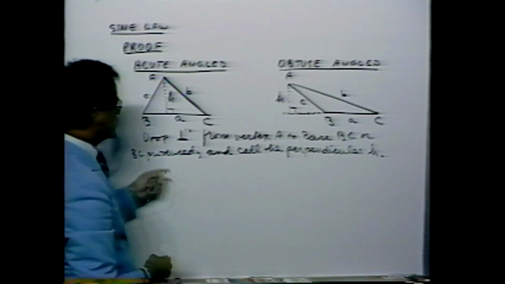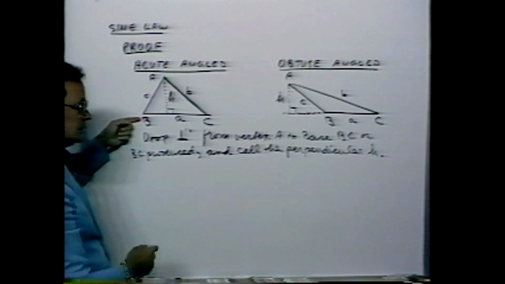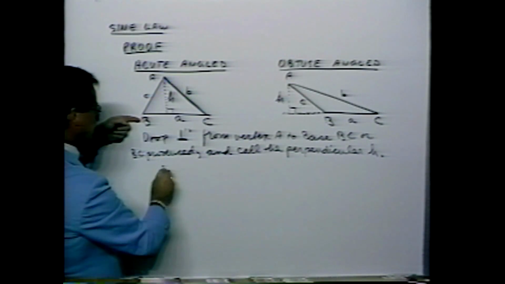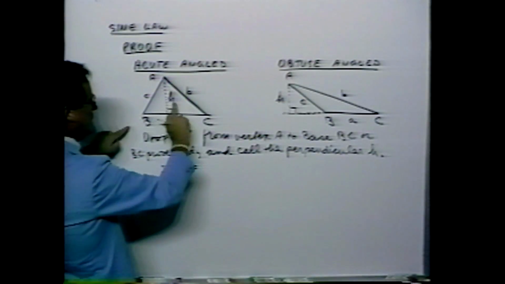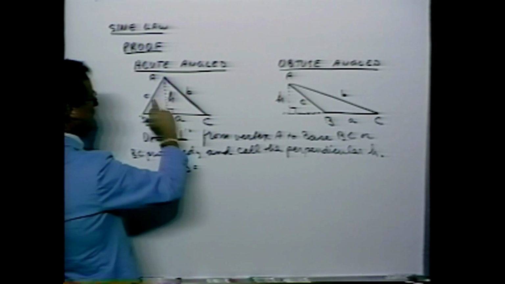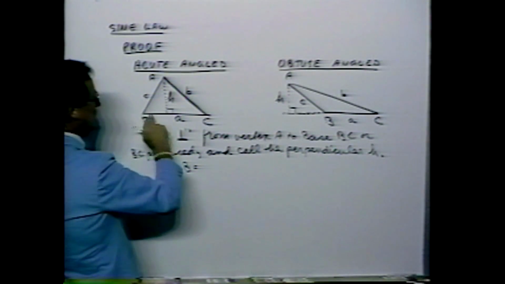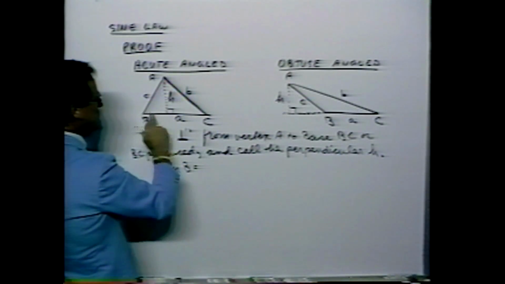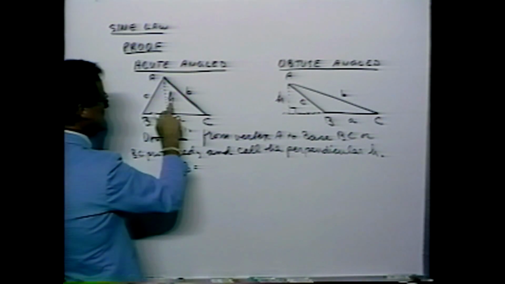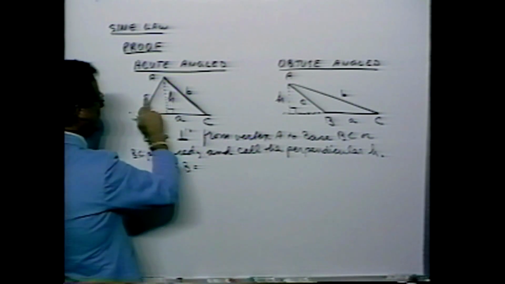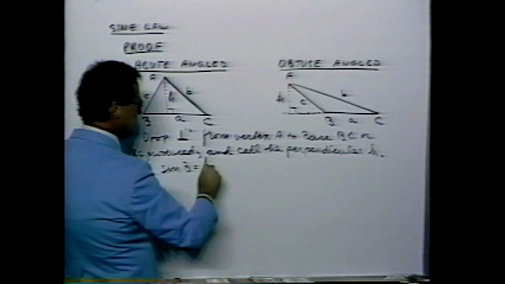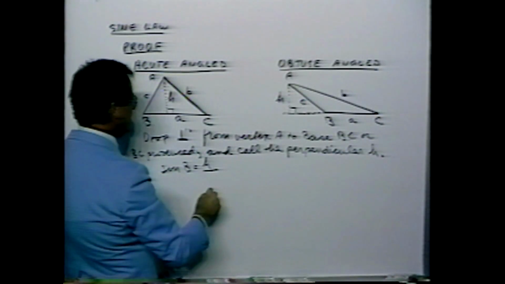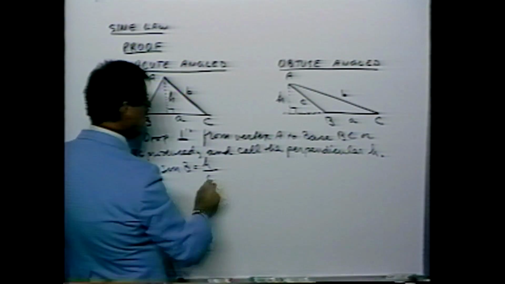It follows from this diagram here that sine B is equal to opposite over the hypotenuse in this right-angled triangle. The sine of B is the opposite over the hypotenuse, and so sine B is equal to h over c.